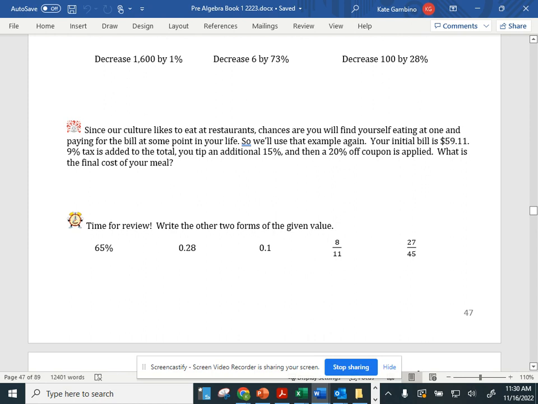Review. For this one, 9% tax, find that. Then you're gonna, oh my goodness. This is a 3-stepper. So find the tax, that's an increase. Find the additional tip, that's an increase. So that's exactly like yesterday's problem. He put on 1 more step for today's problem. You are gonna subtract off the coupon.